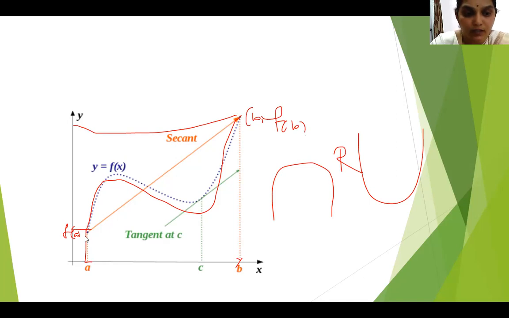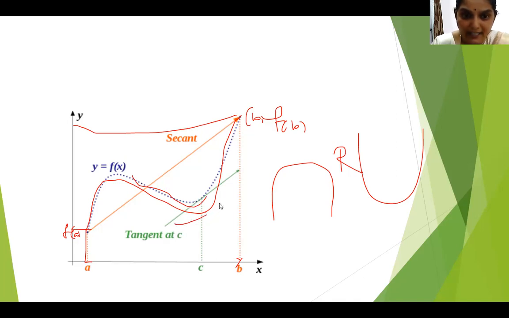Now, our function f is defined on the closed interval a to b, and if it is differentiable in the open interval a to b, then there exists at least one point on this curve.